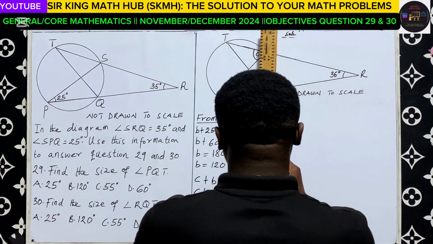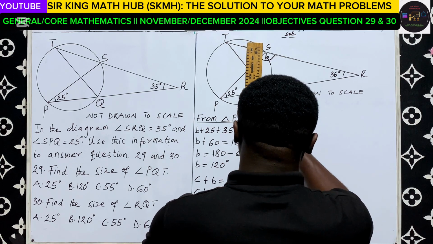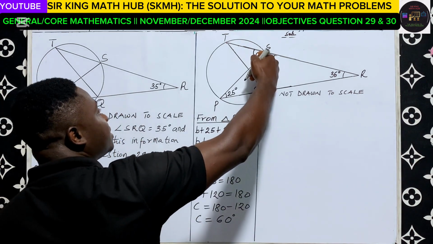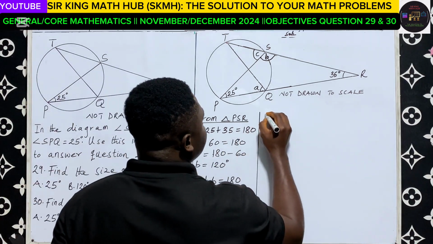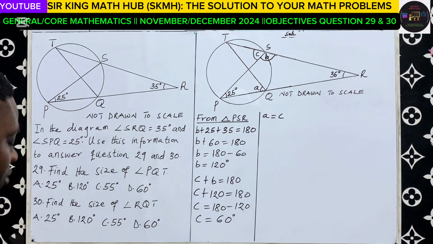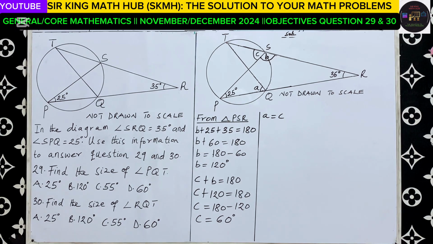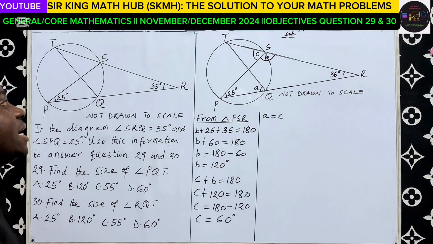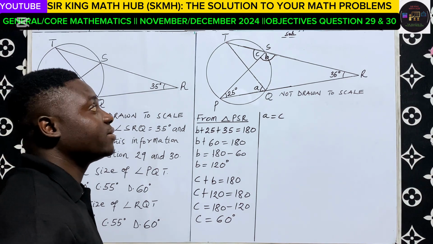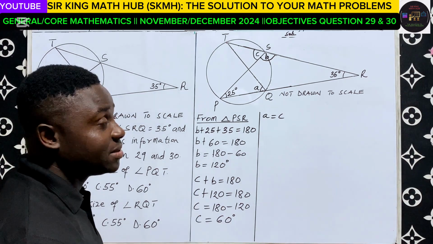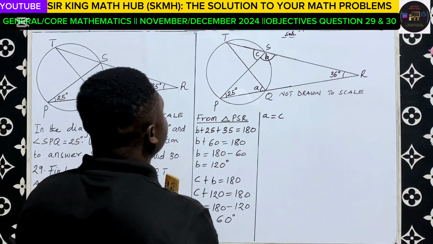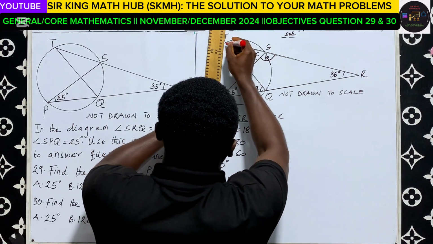Now, what is the relationship between angle C and angle A? You could see that A is equal to C. Why is A equal to C? Recall from the angle properties of a circle that the angles a chord or an arc subtends at the circumference in the same segment are equal. So we have arc TP, or you can even draw the chord.